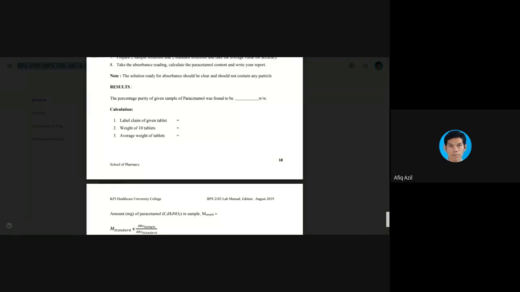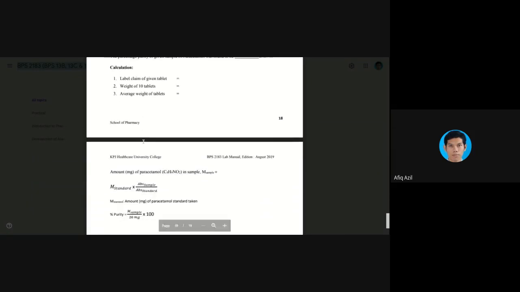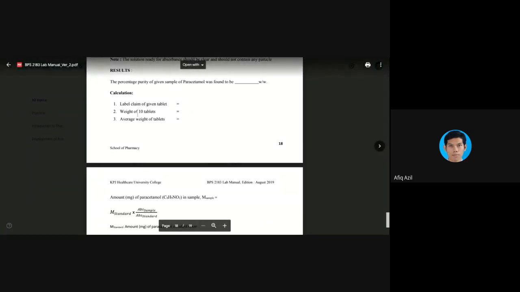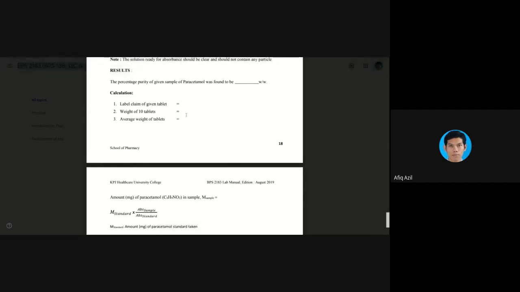I think most common is 650 mg. Then the weight of the 20 tablets, and then the average weight of the tablet. That means you take the total weight of the whole tablets and divide it by the number of tablets available, so this divided by 20.